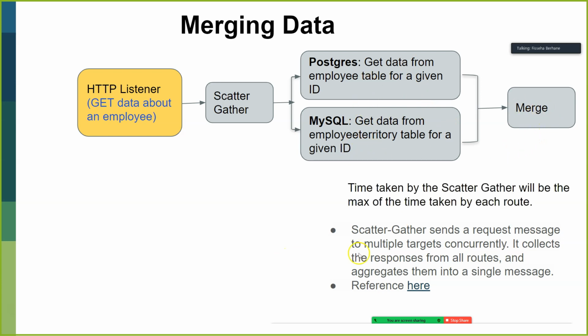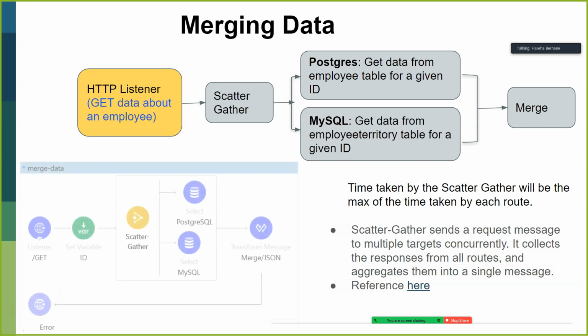And we said, if we have scatter gather with multiple routes, just a reminder, the time taken by the scatter gather is the maximum of the time taken by each route. So it looks like this. We have a GET method with HTTP listener, saving the ID as a variable, the scatter gather connecting to Postgres and MySQL, combining the data and returning it as JSON.